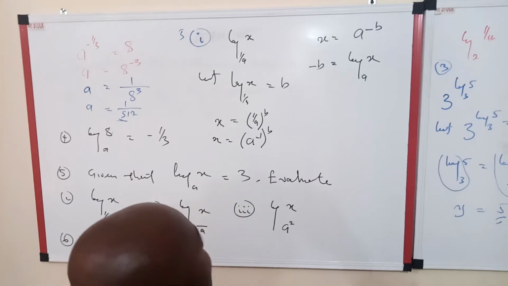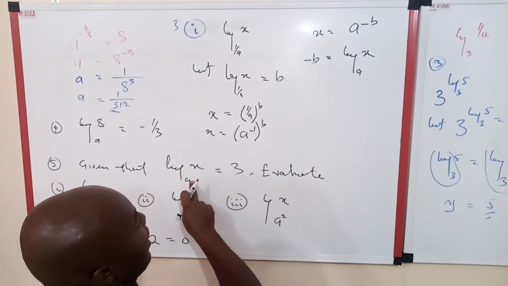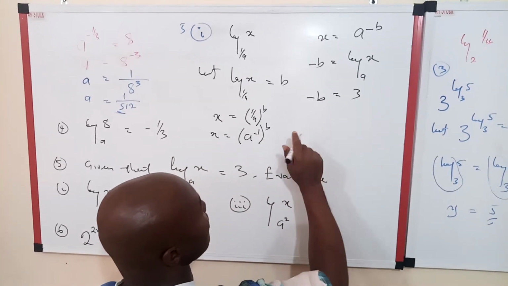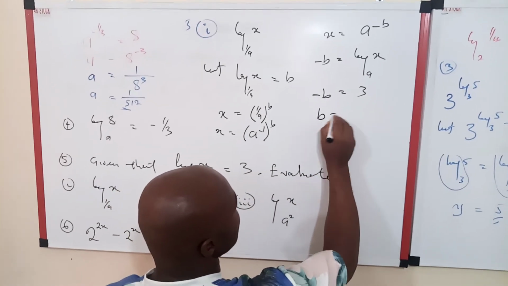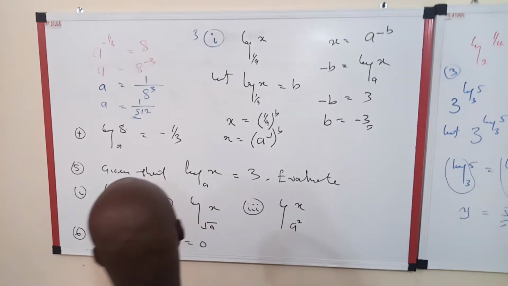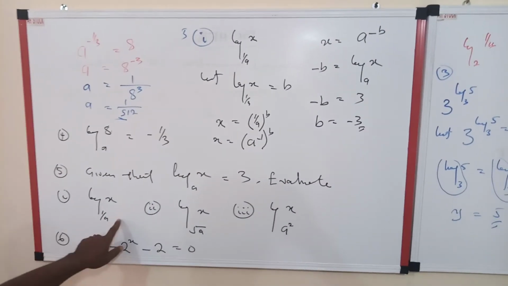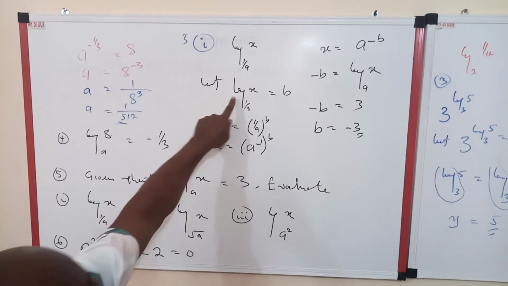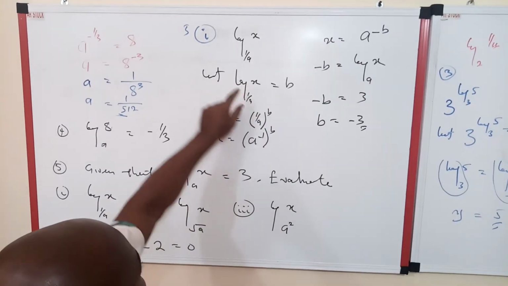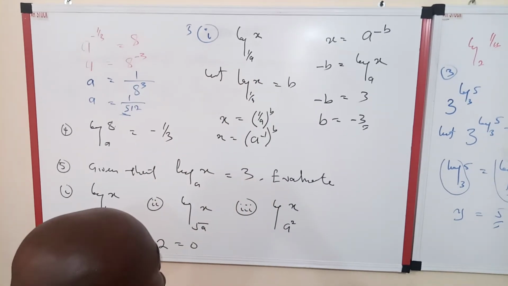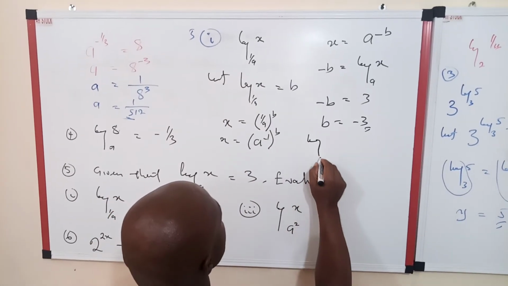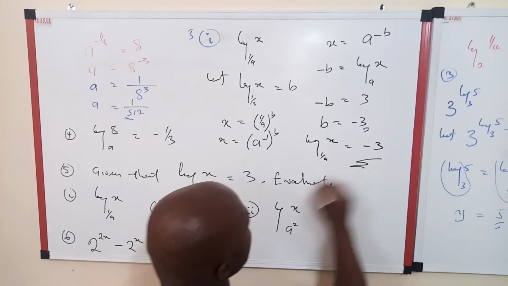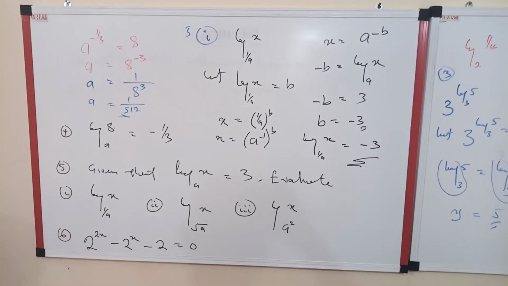So instead of this expression, we can introduce our 3 here. Making b the subject of the formula, b is therefore equal to negative 3. So we said let this one be equal to b, so the log of x in base 1/a is equal to negative 3. That is the answer that we are going to have.